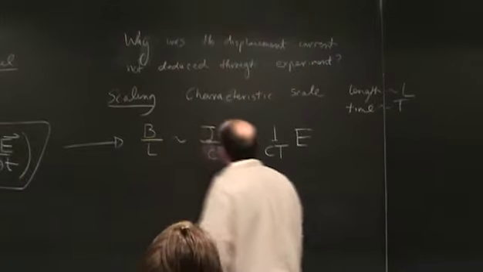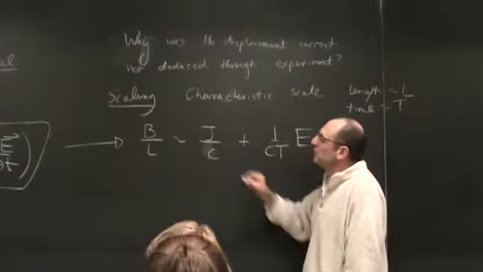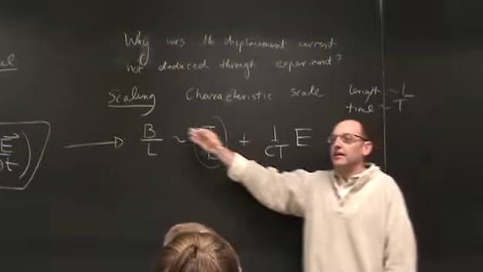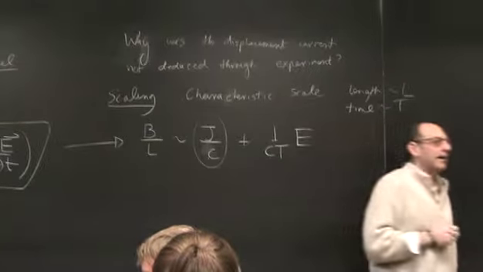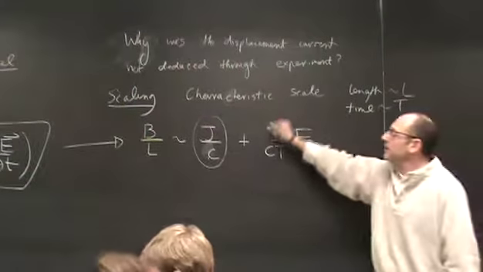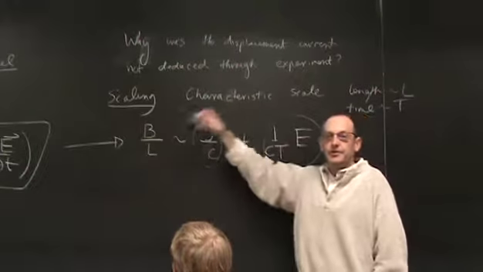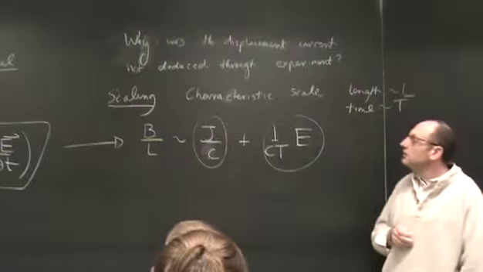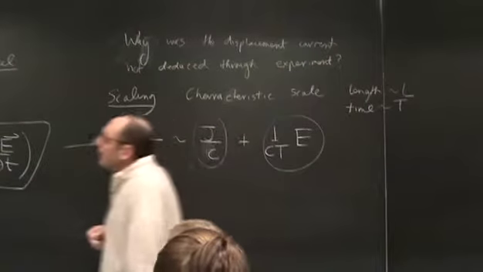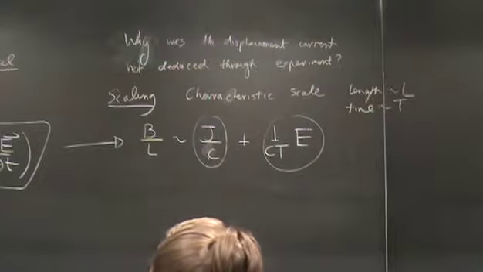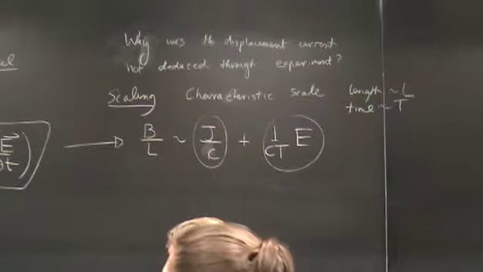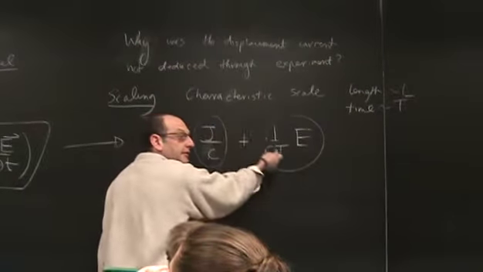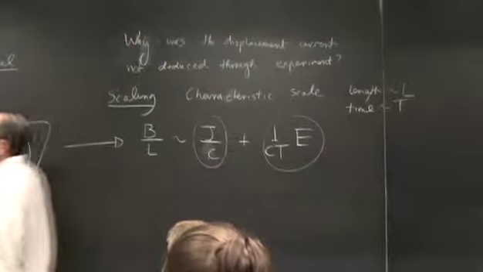So the question really is, what is the relative contribution of the conduction current to the magnetic field compared to the displacement current contribution? Well, what E are we talking about? If E is proportional to rho, then that's the electrostatic contribution.